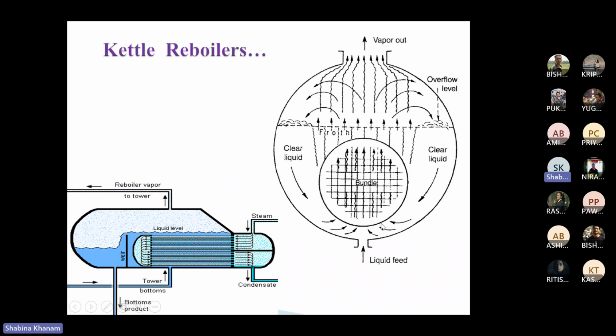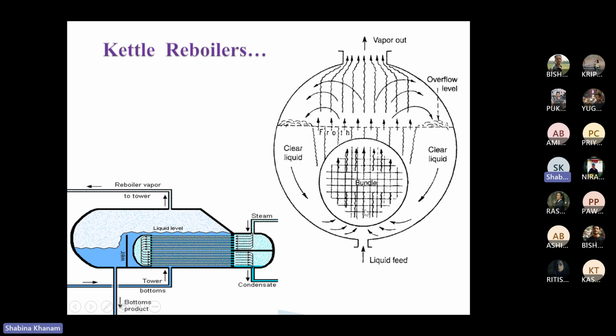As liquid enters from the bottom, it comes in contact with the heating media flowing inside the tubes, and vapor formation in the shell side liquid will start from this surface till the top tube.